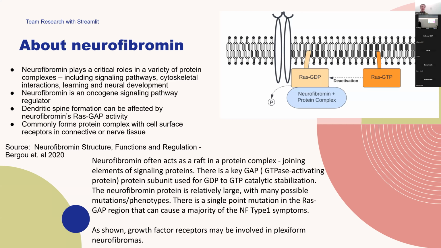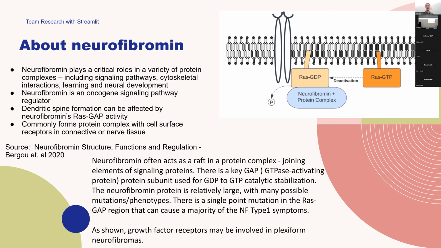So why that presentation? Why that kind of variation? Well, of course, it comes down to the role of the actual protein. Neurofibromin plays a critical role in a variety of protein complexes, including signaling pathways and cytoskeletal interactions. It's an oncogene. The way I think of neurofibromin is that it acts as a raft. If you see this receptor here, normally it's a growth factor receptor, but it could be a number of types of receptors.